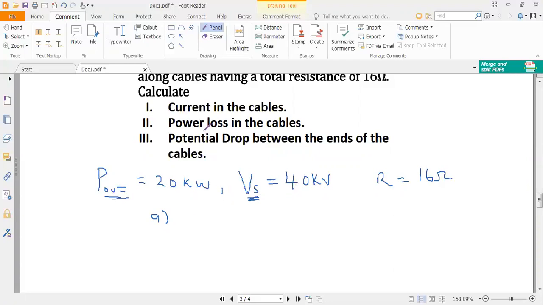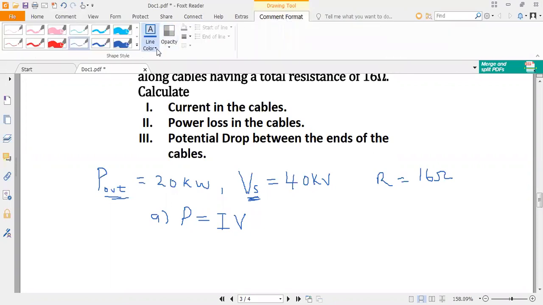To find the current in the cables, we are going to use the formula for power, which is given by the product of current and voltage, P equals IV. The next thing is to substitute in that formula.